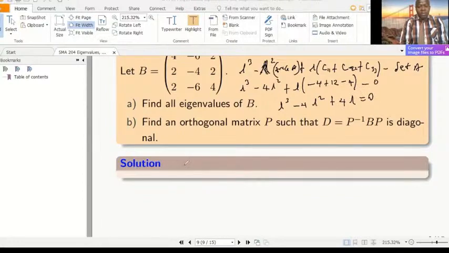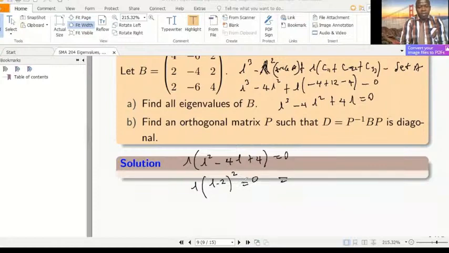So let me solve it for lambda. That means I would factorize, and I get lambda squared minus 4 lambda plus 4 equals 0. So that means I can also factorize this, and when I factorize this, I would have lambda into (lambda minus 2) squared equals 0.